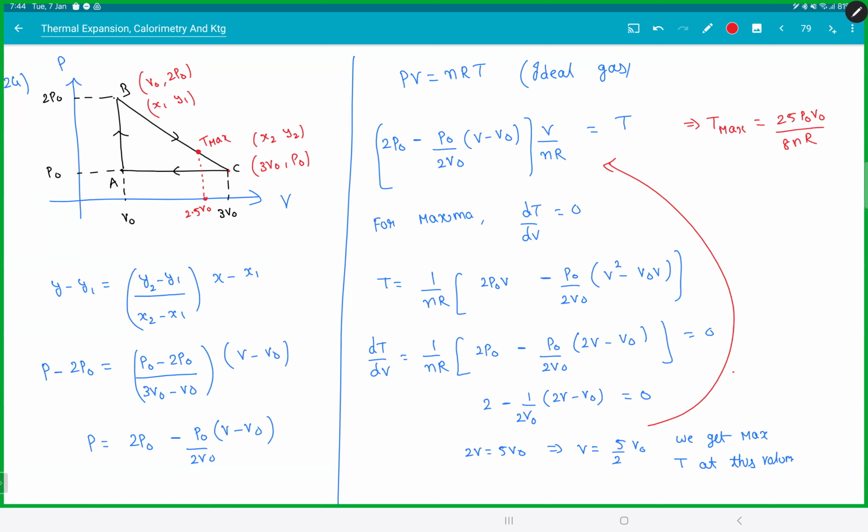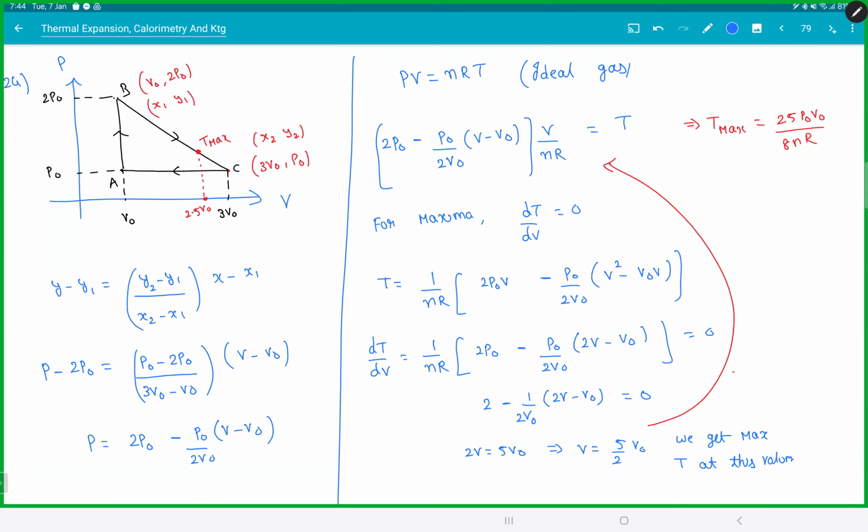Clear with this? Clear, everyone? This is how they can play with graphs. Next one. It's more of a max question.